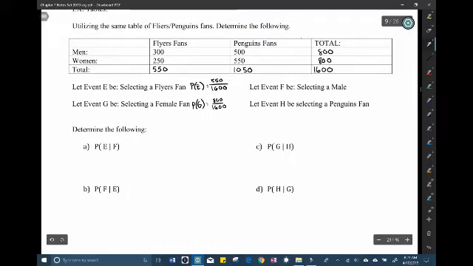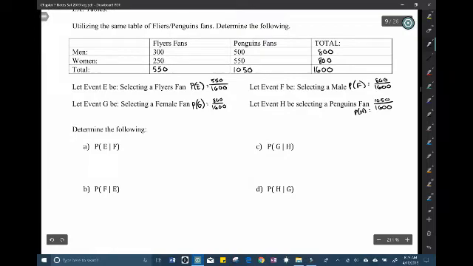A male is again 800 over 1600. Or a Penguins fan, that's going to be 1050 over 1600. That's the probability of H.